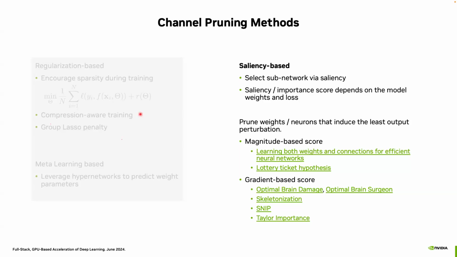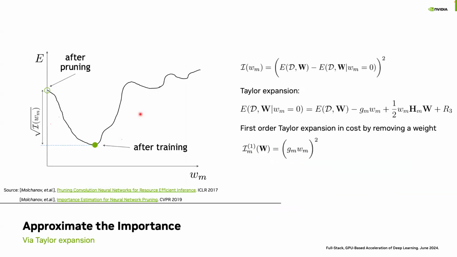And this is actually shown to be more reliable than magnitude-based method because it's actually measured directly on the loss change, right? So one example would be the Taylor importance. We model the importance of a parameter to be the loss change caused by setting the parameter to be 0.